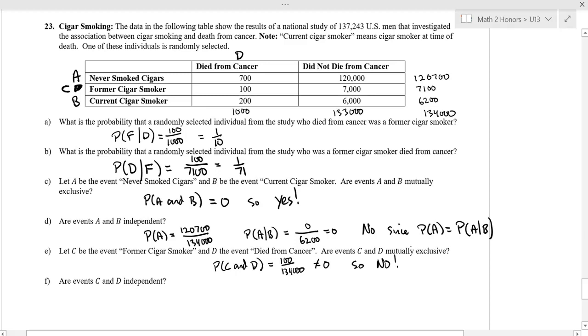Are C and D independent? Well, the probability of C is 7,100 out of 134,000, and the probability of C given D is going to be 100 out of D, out of 1,000, which we already found is 1 out of 10.